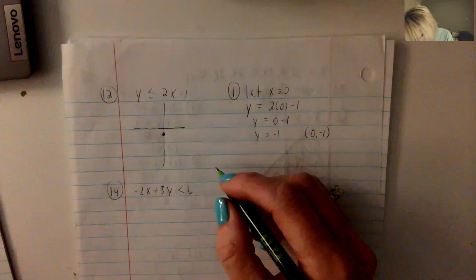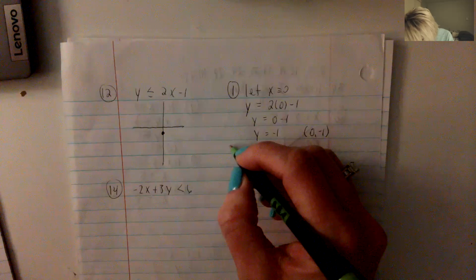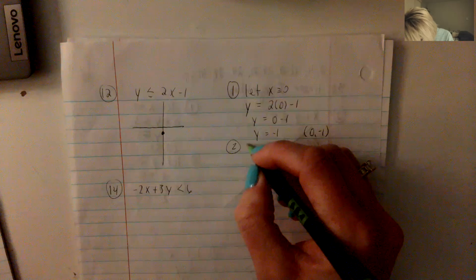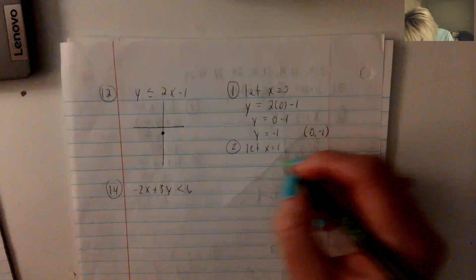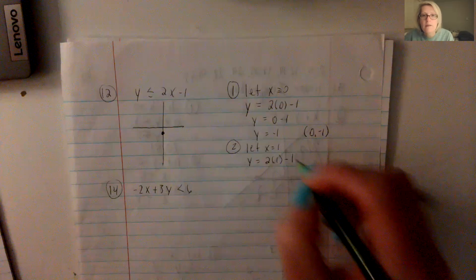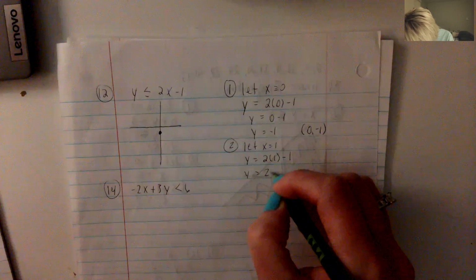And now what if I put in 1? I'm going to let X equal 1. So Y equals 2 times 1 minus 1. So Y equals 2 minus 1.